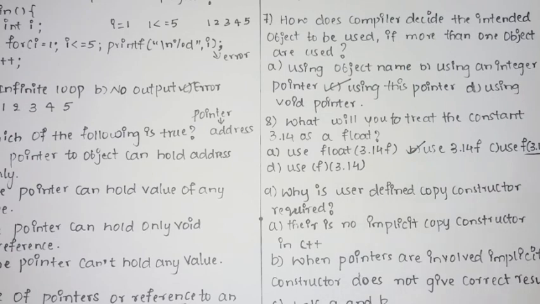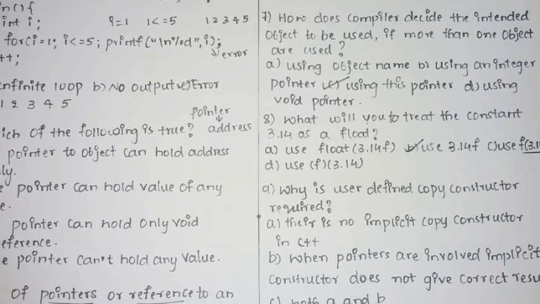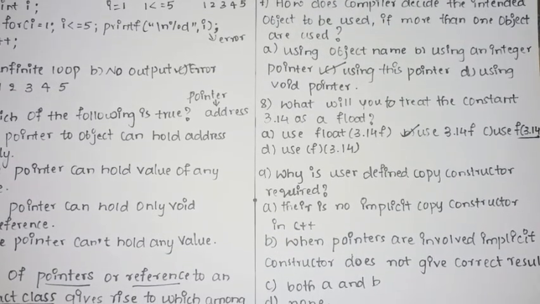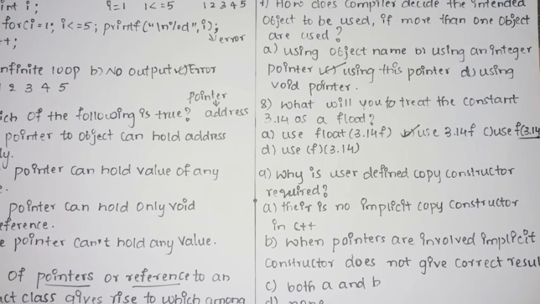So next one is the ninth one. Why is a user defined copy constructor required? Option A is that there is no implicit copy constructor in C++. But there is a copy constructor in C++, so option A is not correct. Option B: when pointers are involved, the implicit constructor does not give the correct result.